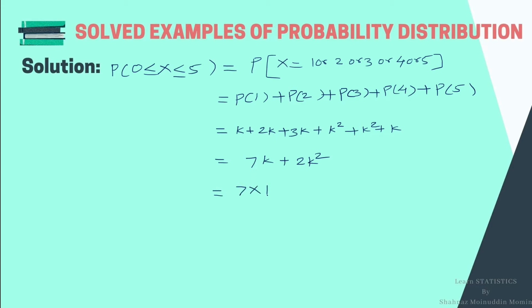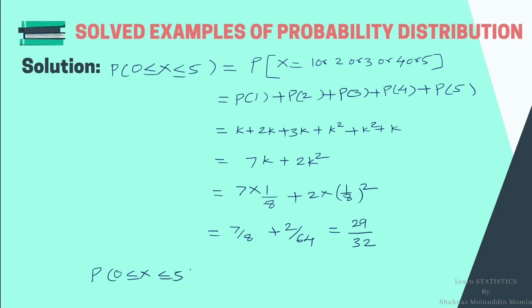Substitute the value of k, 1 upon 8, and by simplifying this, we get 29 upon 32. Hence, the probability of 0 less than or equal to x less than or equal to 5 is 29 upon 32.